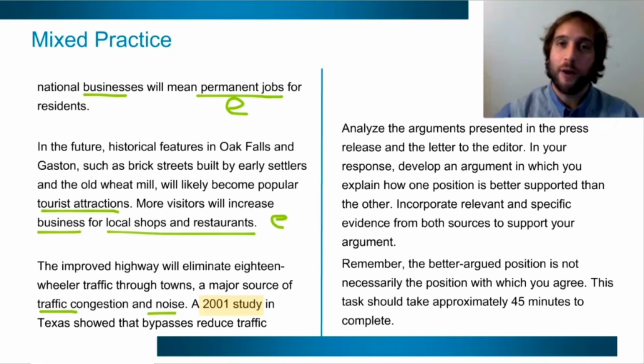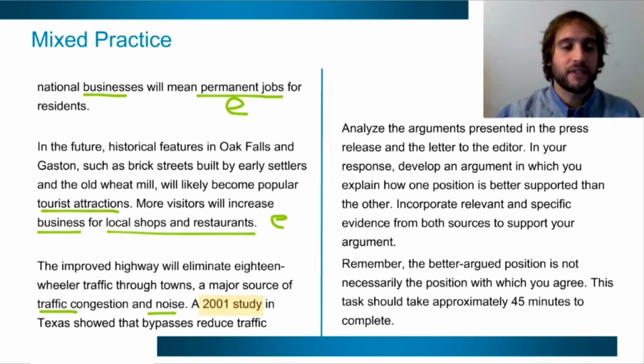Okay, now we're getting a little bit more, if it's a credible study. Saying we have a study is better support than just speculating that this will reduce traffic congestion and noise. Providing any kind of study is always going to be bigger, better support. And the more qualifiers they give you for the study, the better. So let's see what this study says.